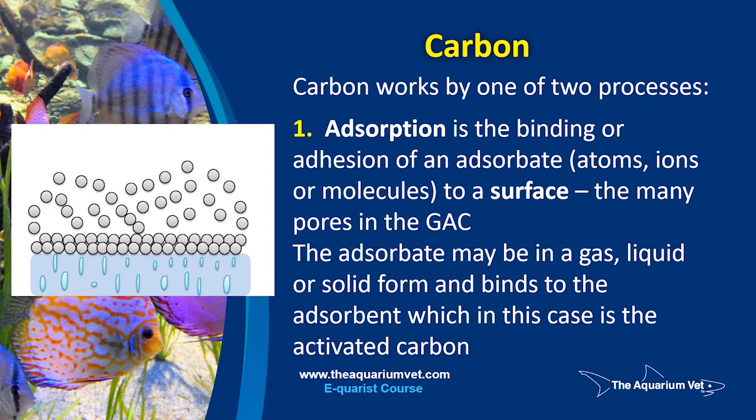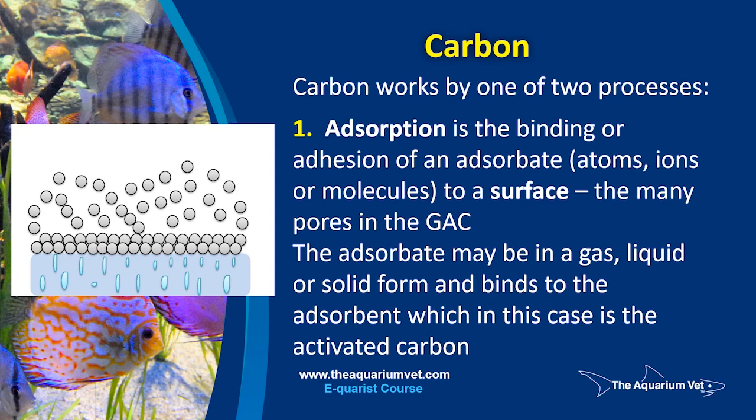So how does the carbon work? One of two ways. The first is adsorption. And adsorption is the binding or the adhesion of an adsorbate, which can be an atom, an ion, or a molecule, which are the toxins, to the surface of the carbon. And this is where it goes down into the many pores. Remember, we've got that high surface area, and so the toxins will go down.